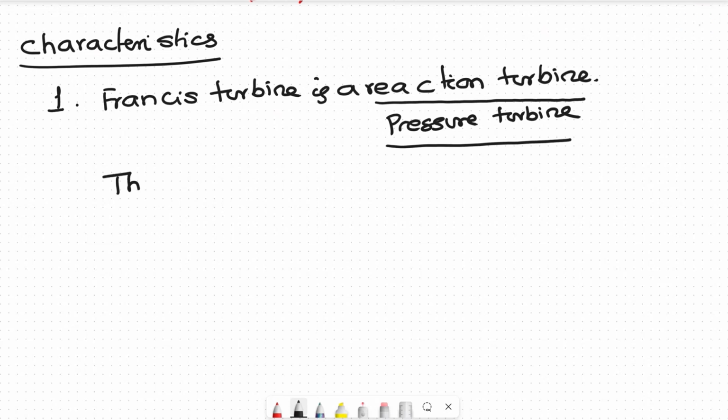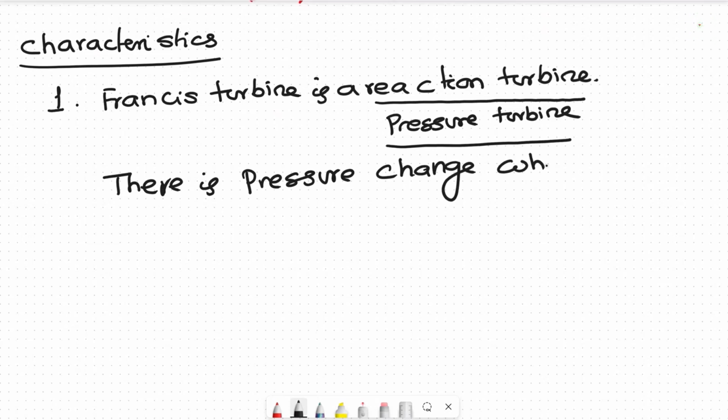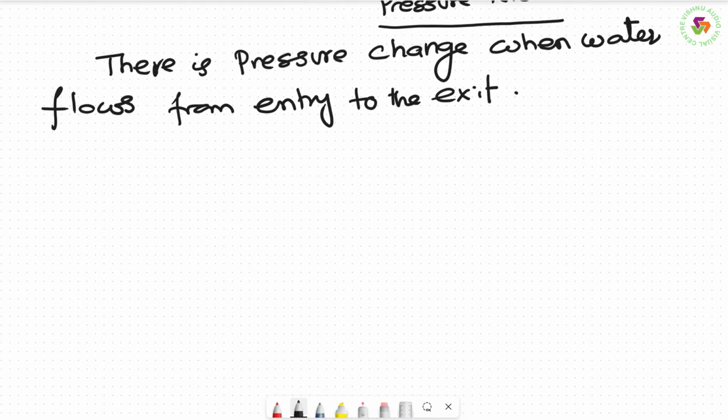There is a pressure change when water flows from entry to the exit. This pressure change is called reaction.